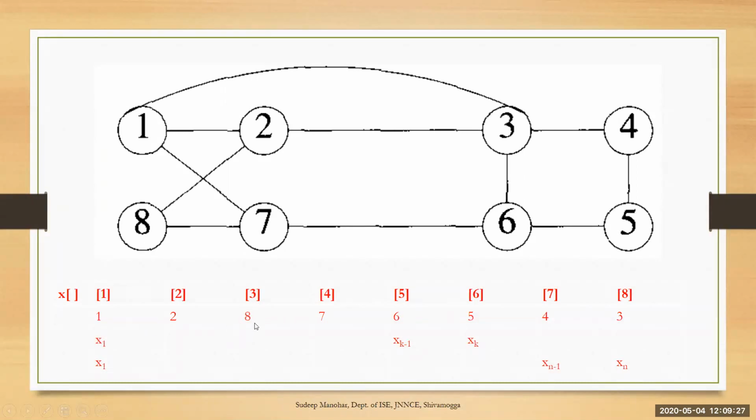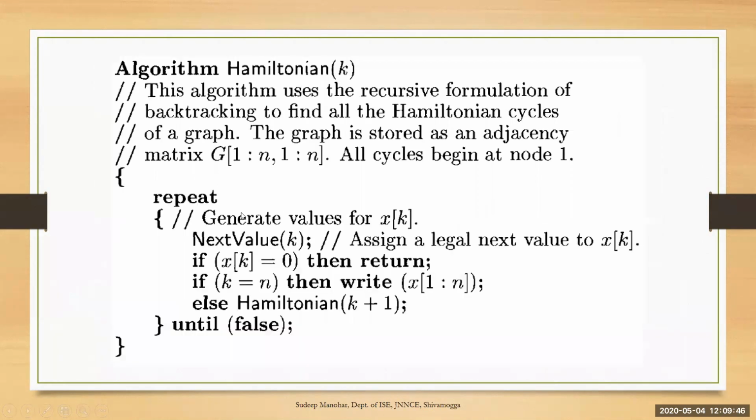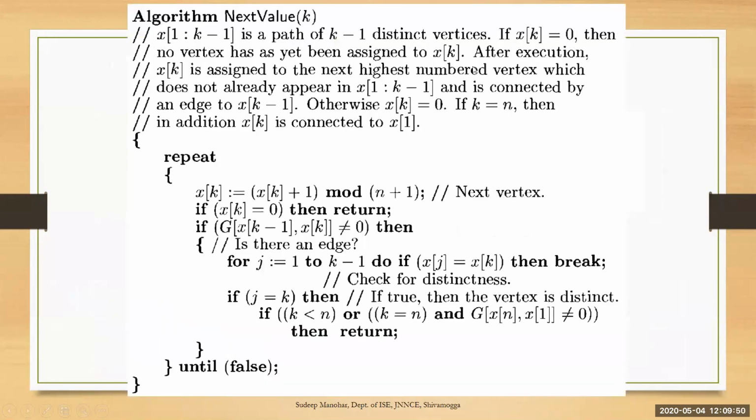So like this, starting from 1, you go on incrementing, check whether it is present in the previous subset, and if it is not present, you can include that only if there is an edge from x of k minus 1, that is from 2 to 3. Next, x of k is assigned to the next highest numbered vertex, which does not already appear in 1 to k minus 1.